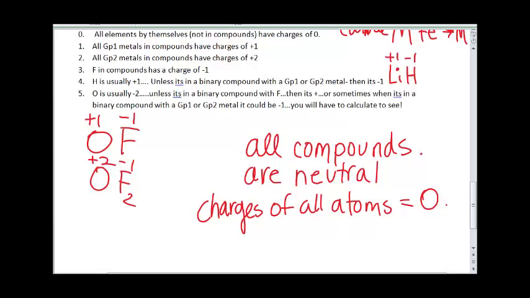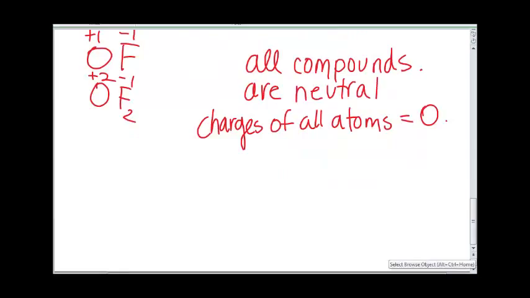Or sometimes, if it's in a binary compound with a group 1 or group 2 metal, it could be -1. You have to calculate it to see. What I mean by that is, if you have Na2O2, sodium is in group 1, so it has to be +1, and there are 2 of them.